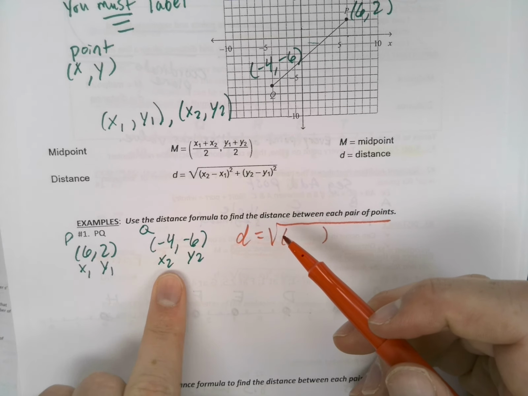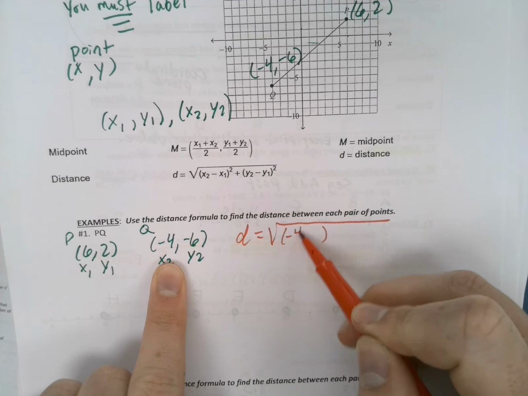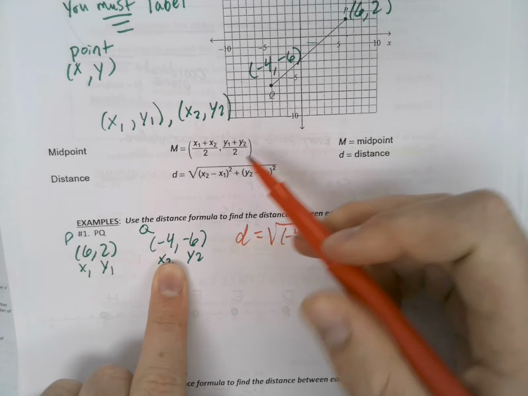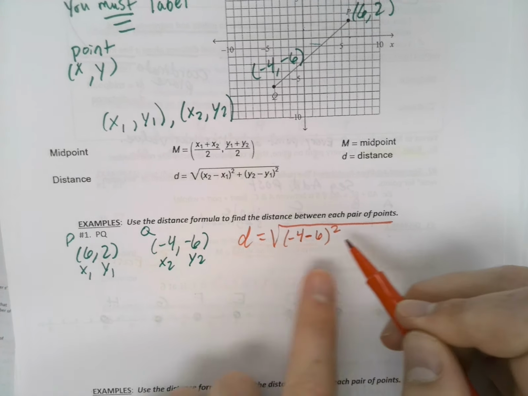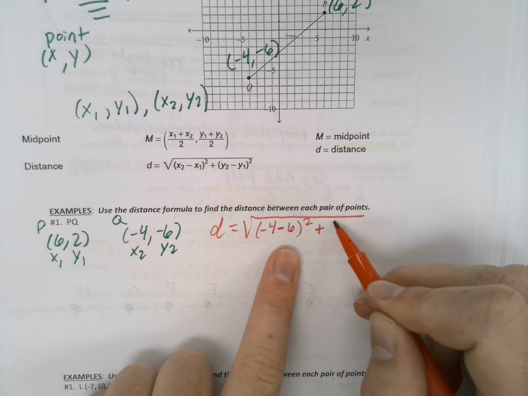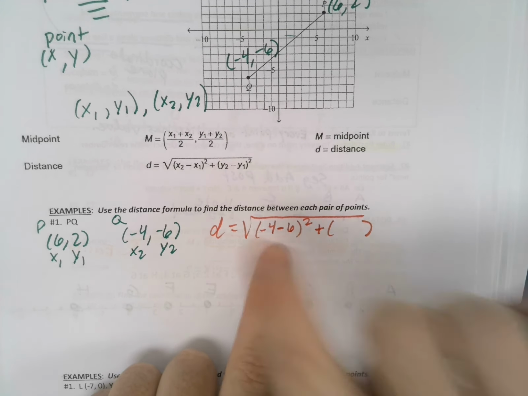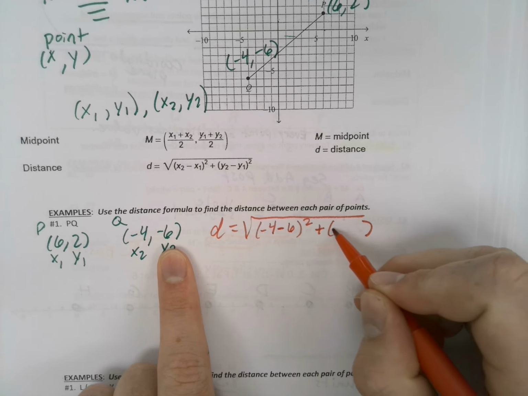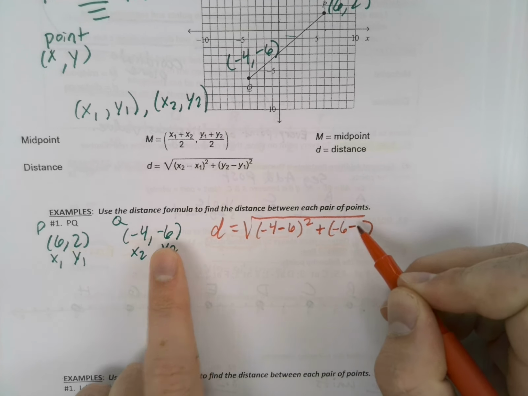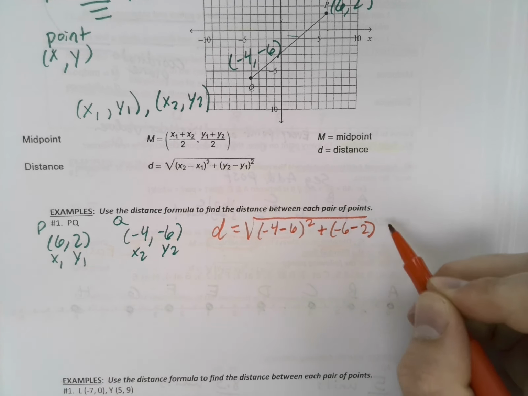Well, we know we labeled x2 as -4 minus x1, which we labeled as 6, squared, plus, next up, y2 minus y1. So -6 minus 2 squared.